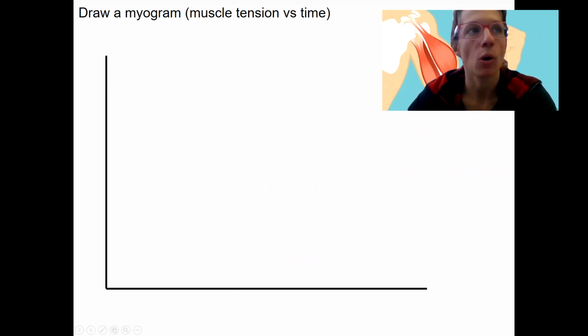A myogram is a graph of muscle tension. So muscle tension over time, and we are going to draw tension on the y-axis, so changes in tension over time. I've already told you that a twitch is a single contraction-relaxation cycle caused by a single action potential from the motor neuron, causing a contraction in the muscle, shortening of sarcomeres.